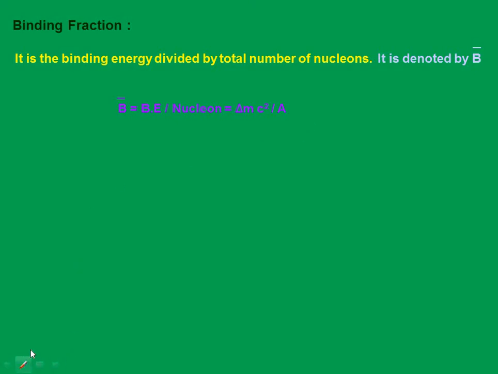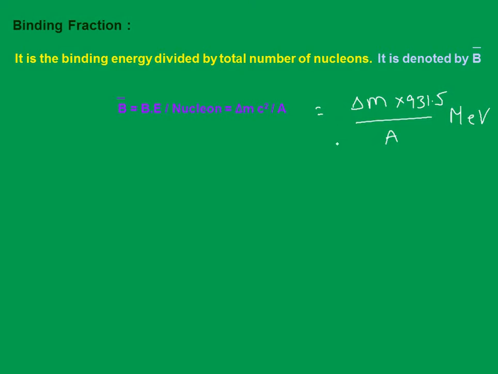You can also write this, in terms of AMU, as delta m into 931.5 whole divided by A MeV. I have just substituted the values, that's it.